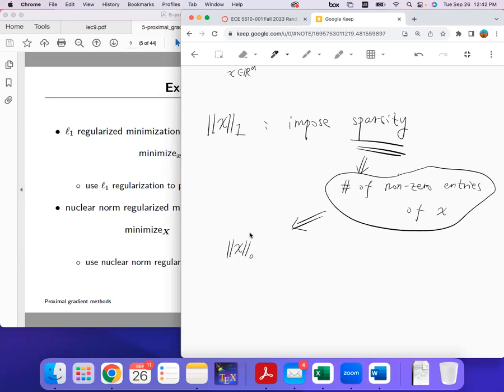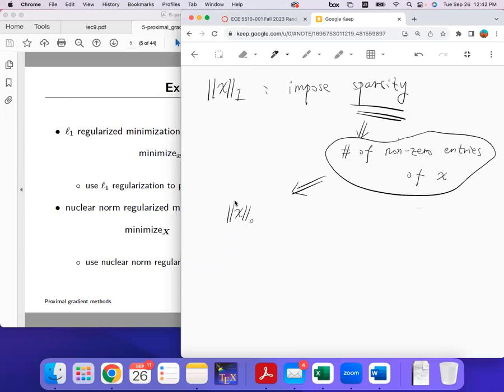And the other thing is that sometimes it is too extreme. It is too discrete. It strictly counts all the non-zero entries in the vector x. So for example, imagine you have a very high dimensional vector with many entries with very small magnitudes.